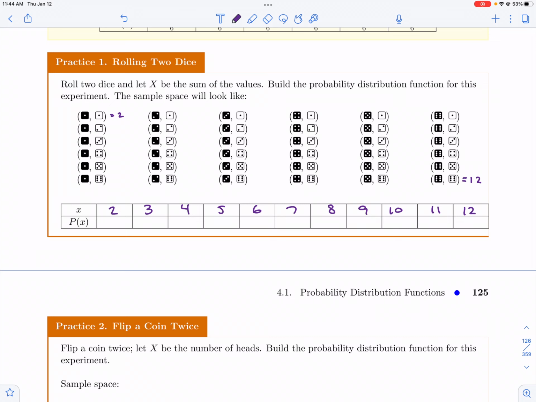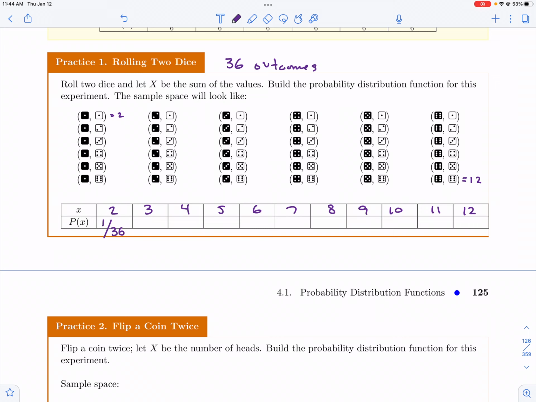So now what we want to do is see what the probability of each of these different possibilities would be. So again, if you remember, we've got 36 outcomes total for this. So our bottom number is going to be something over 36 for each one of them. So what we want to do is just count how many of each possibility there is. If we look, there's only the 1 times 1, so there's only one way to roll a 2. So this is just going to be 1 out of 36.